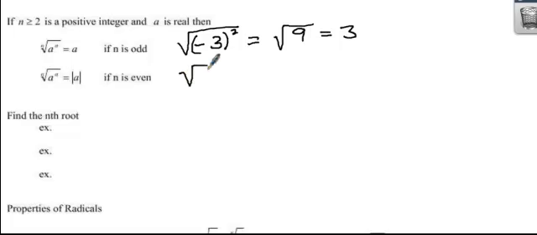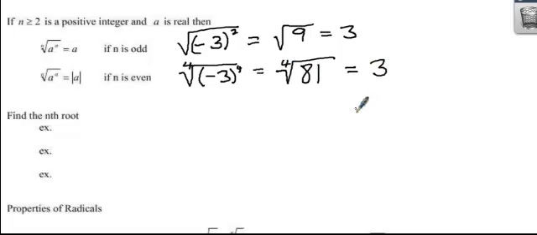Let's do the same thing for -3 to the fourth, and I will take the fourth root of it. So I have -3 times -3 times -3 times -3. Well, that's going to give me positive 81. And then fourth root of 81 is just positive 3.